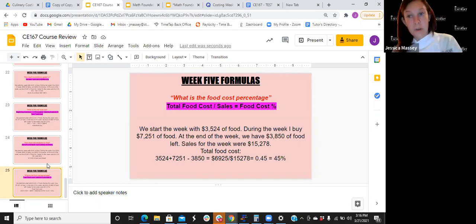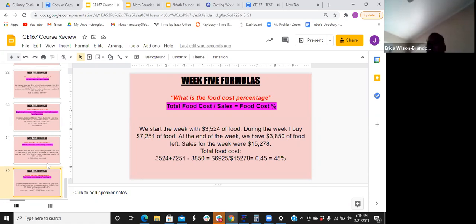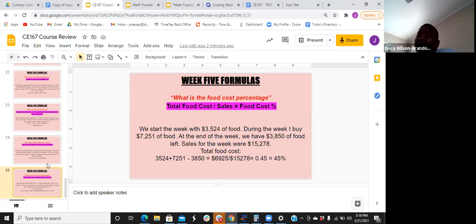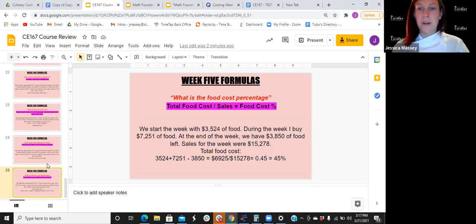So your total food cost, you take your beginning inventory, you add in your purchases. You still have your beginning inventory, how much you started with, so we have to add that in when we do all our purchases. And then you subtract your ending inventory, because that food is still in your pantry.